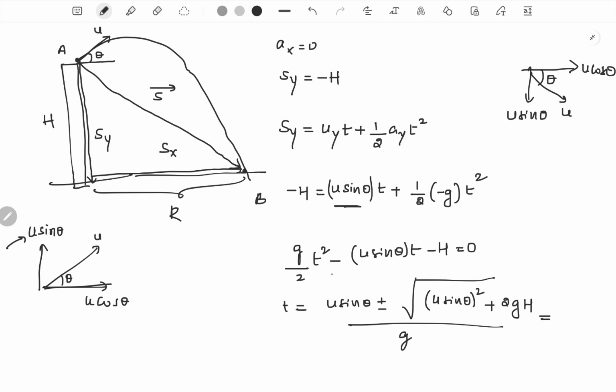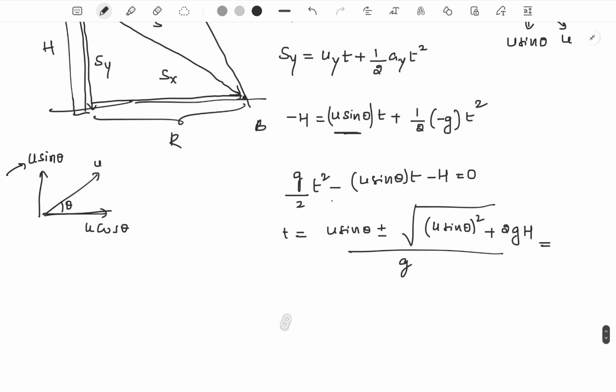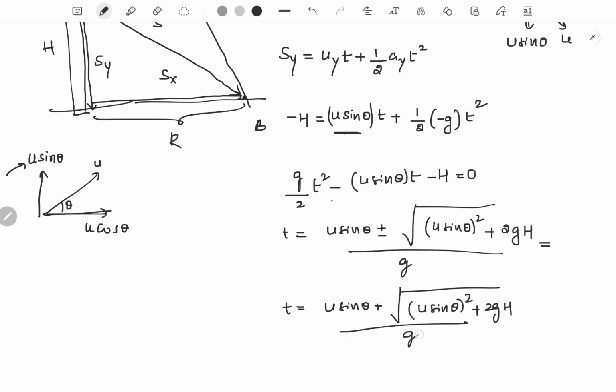The time must be positive. So the time taken by it to reach the ground would be u sin theta plus root of u sin theta whole square plus 2gh, divided by g. So this is what the time taken by the body will be when it reaches the ground.